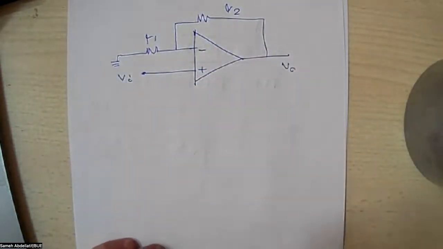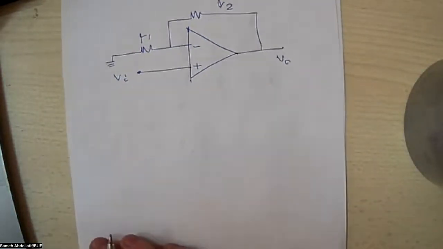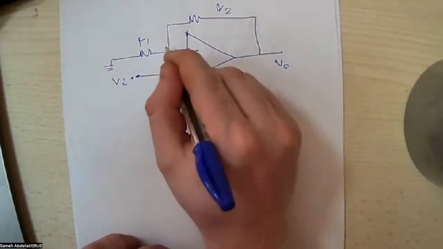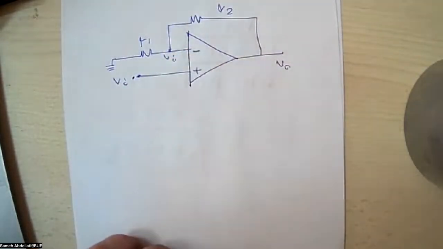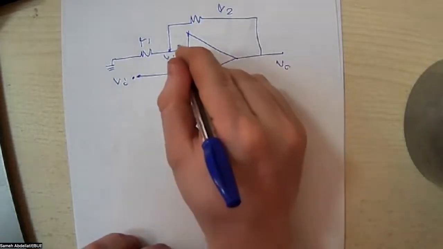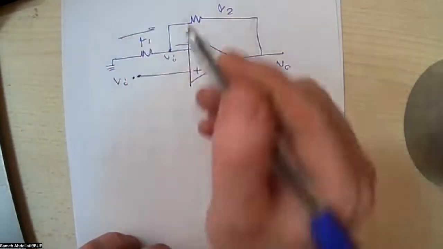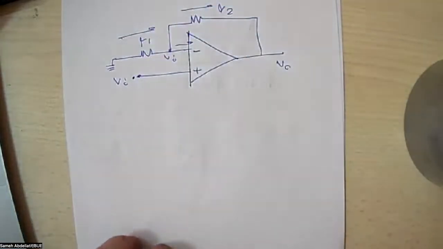We have already investigated a lot of operational amplifier circuits before, so it's very straightforward. If this is the V input, then this will be V input, assuming an ideal operational amplifier. No current is going inside the amplifier here, so simply the current going in R1 is equal to the current going in R2.